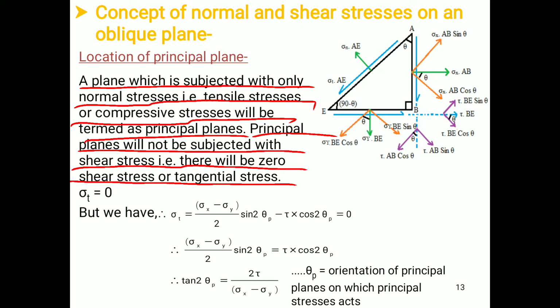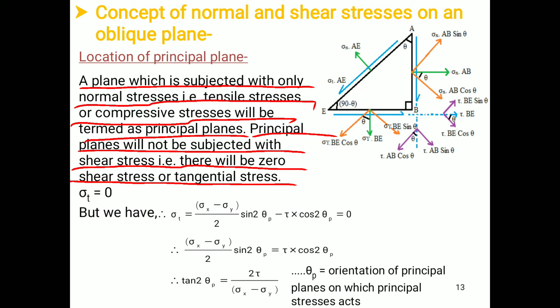As discussed in this particular slide, a principal plane is a plane which is subjected to only normal stresses or direct stresses. Those stresses may be tensile in nature or compressive in nature, but it is not subjected to any shear stress. So the value of shear stress is always zero on the principal plane.